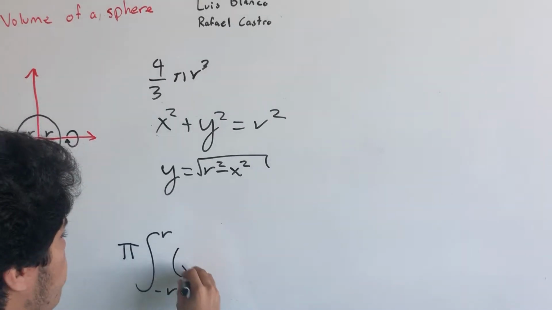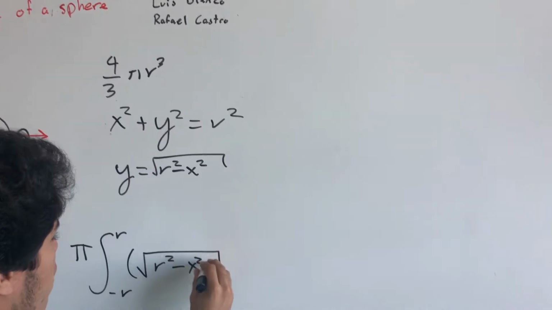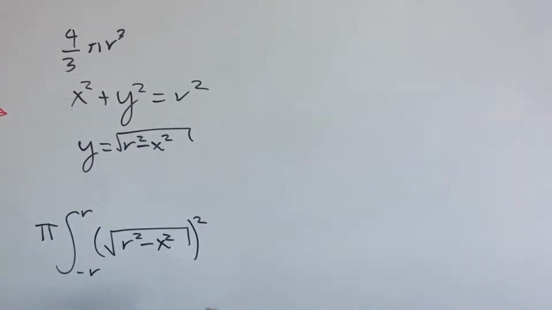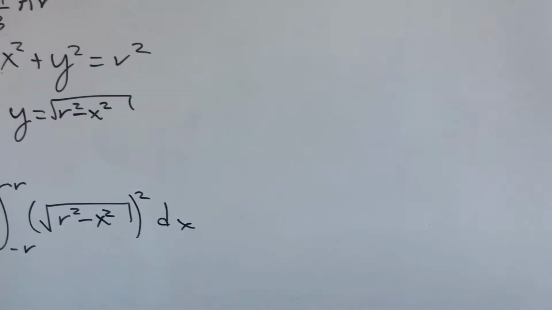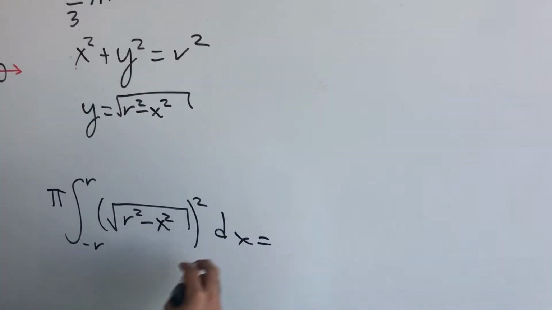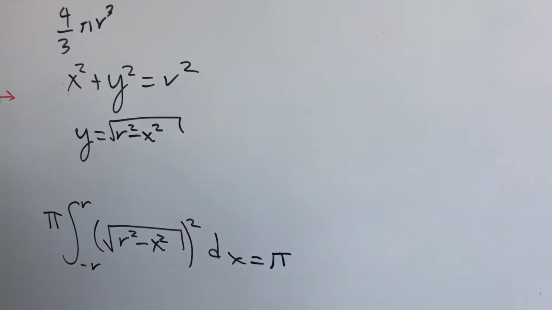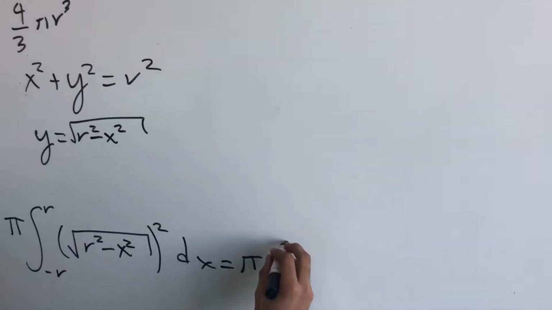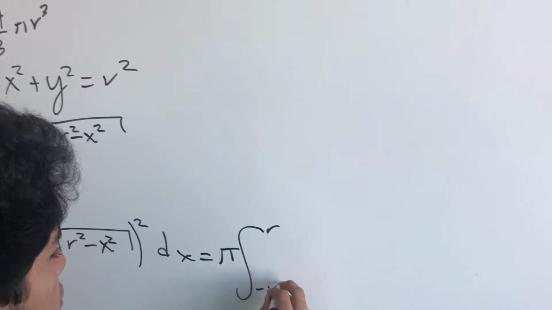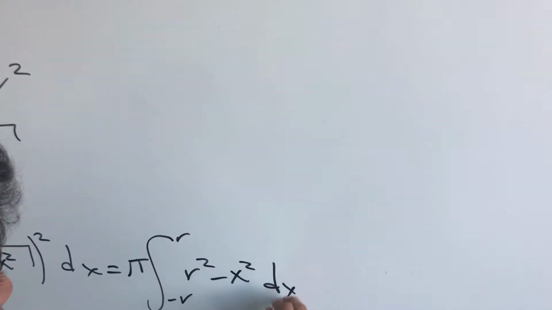It's gonna be the square root of r squared minus x squared, this to the second power times dx. All right, so now the square root cancels with the power, so we only get r squared minus x squared dx.